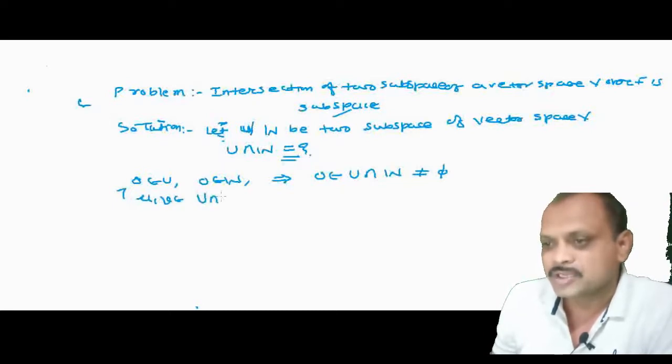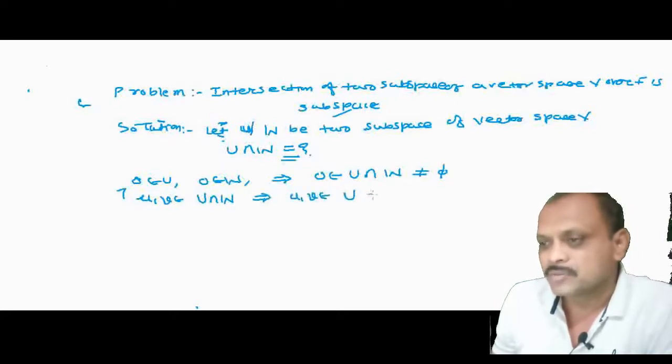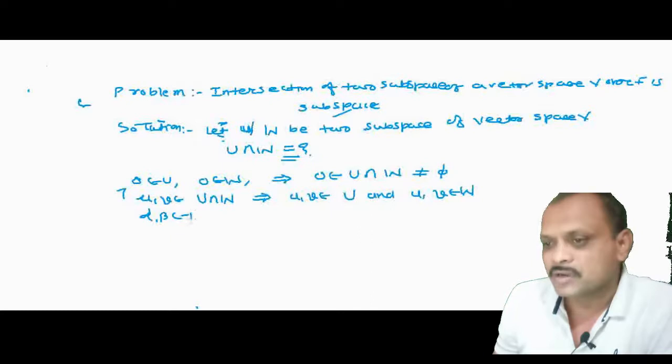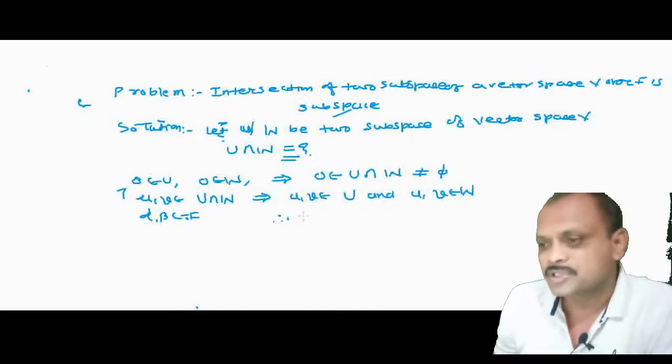any two elements belong to U intersection W. This implies that u, v belong to U and u, v belong to W. Now for any alpha, beta belonging to F, U and W are subspaces.